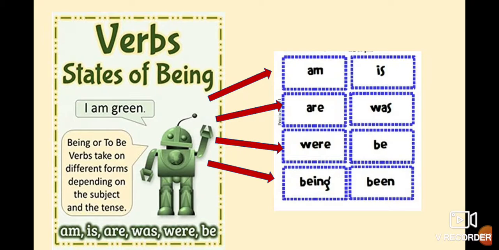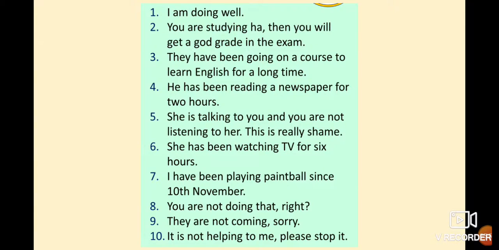Remember, we have eight state of being verbs: am, is, are, was, were, be, been, and being. These ones are state of being verbs, the different forms that the verb be takes depending on the subject and also the tense. Let's continue. These ones are examples, and we identify what are the state of being verbs in these sentences.